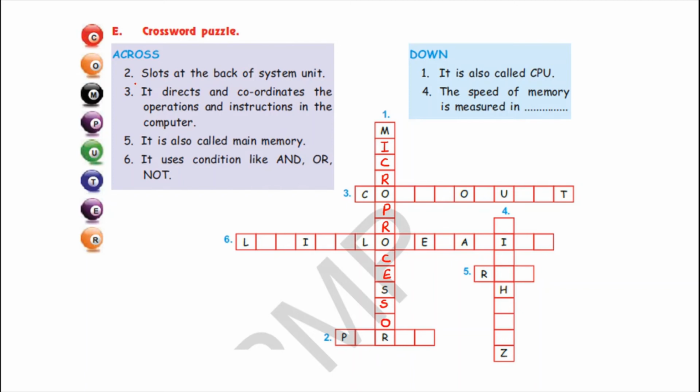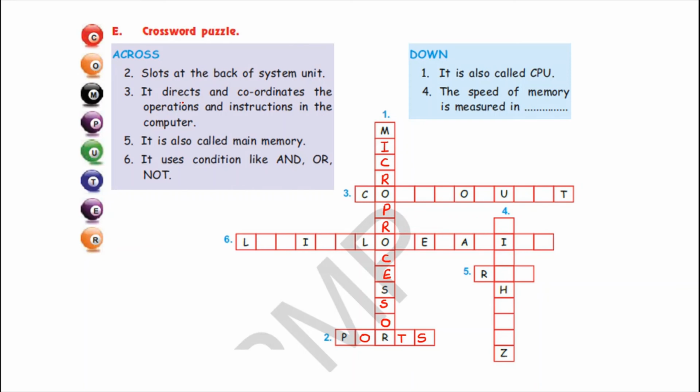Number 2, across. That means number 2 word will be filled across. Let's read the hint. Slots at the back of system unit. Ports. Yes, the first letter is P. It's given. The word is ports. So let's write the remaining letters. Number 3. At number 3, it is again across. Read the hint.